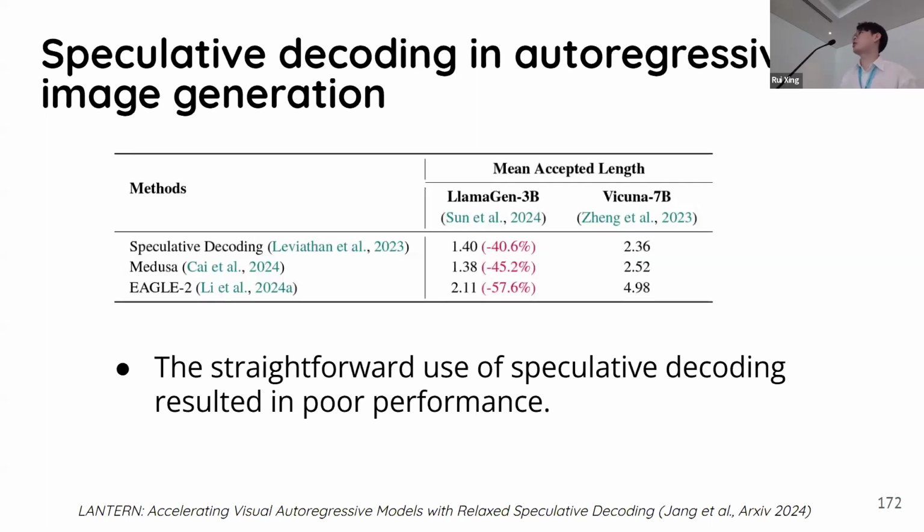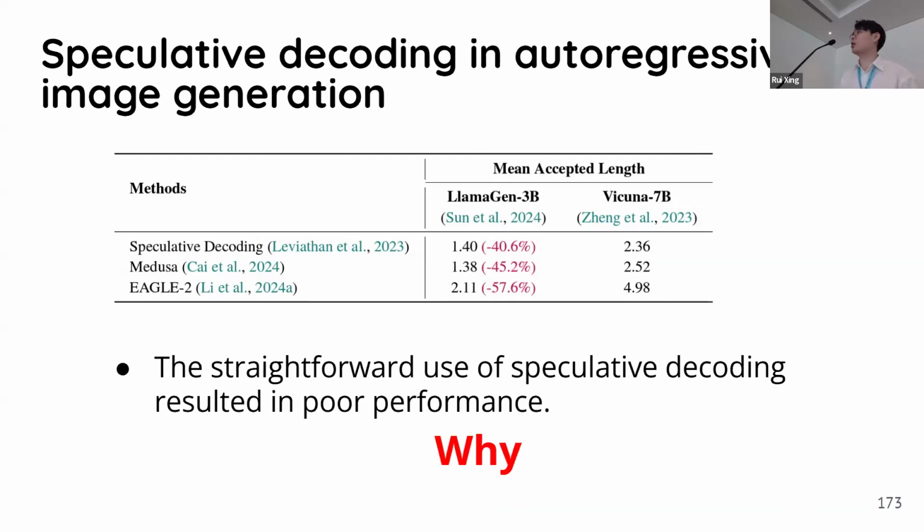LlamaGen is an autoregressive image generation model, and Vicuna is a text generation model. From the table, we can see that the straightforward use of speculative decoding results in poor performance. But why? Why is there a significant difference in the speed up between text generation and image generation?